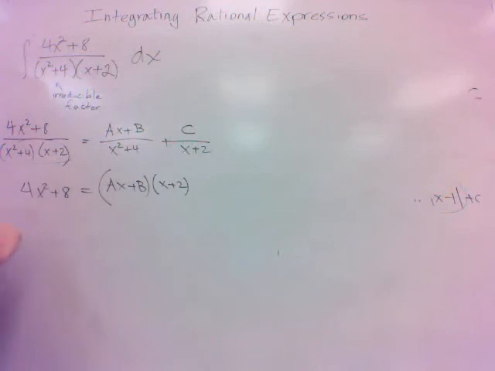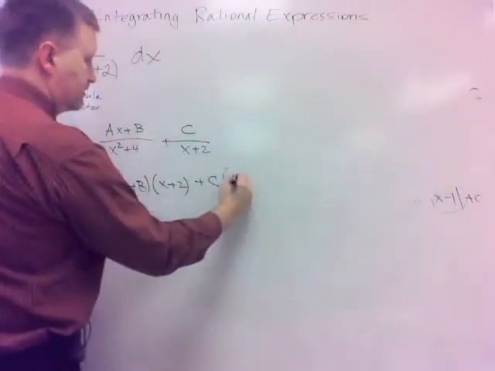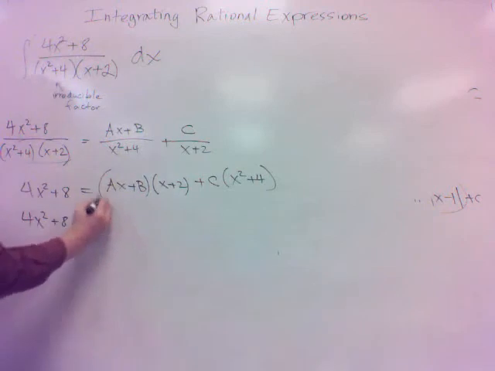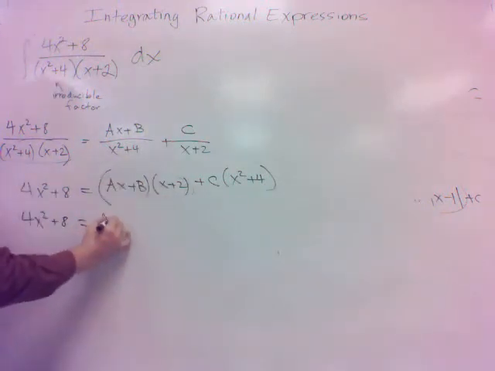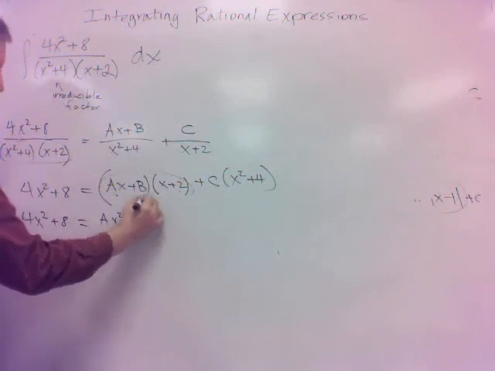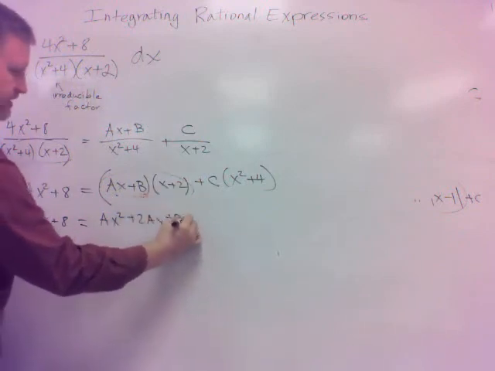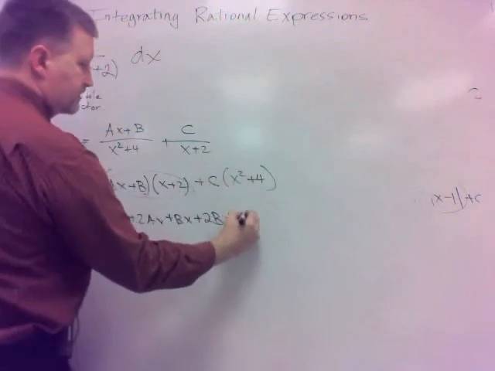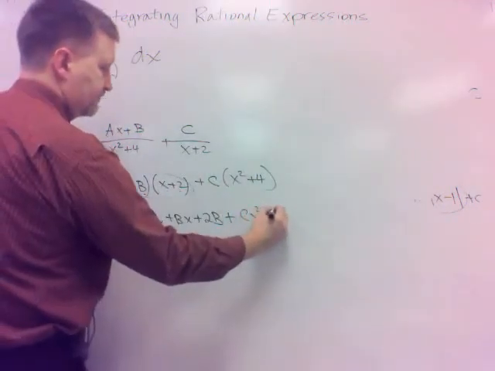And then the c is going to be multiplied by x squared plus 4. So we have 4x squared plus 8 equals, there's a little FOIL there, so that's ax squared, 2ax, bx, 2b, and then cx squared plus 4c.